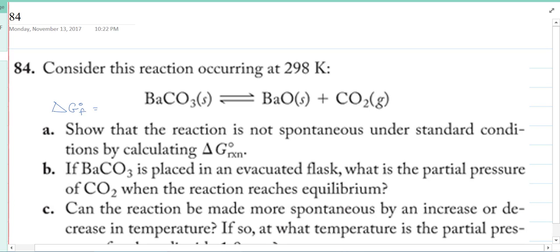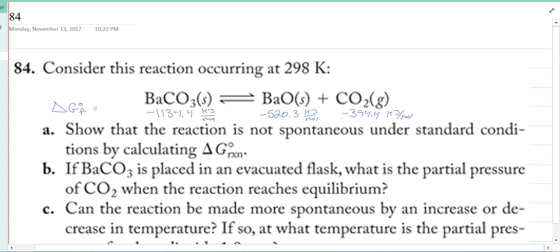For barium carbonate, I get negative 1134.4 kilojoules per mole. Barium oxide, I get negative 520.3 kilojoules per mole. And carbon dioxide gas, I get negative 394.4 kilojoules per mole.